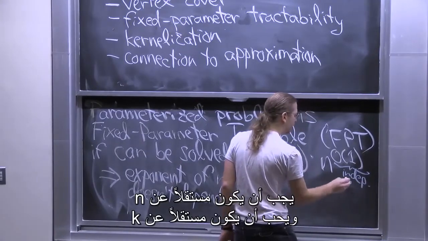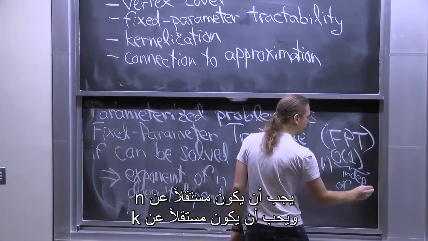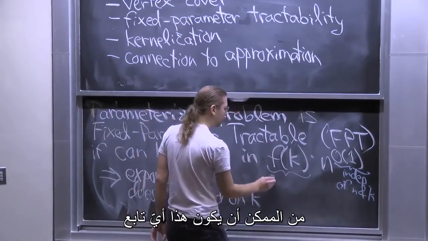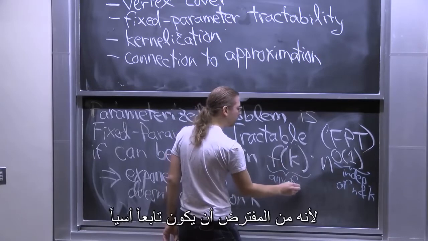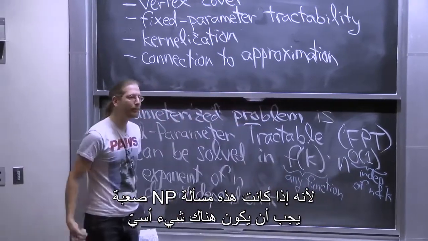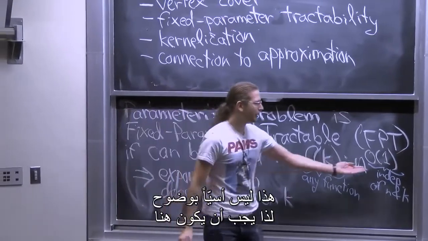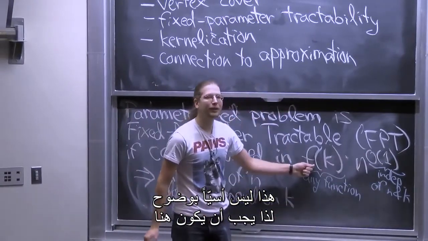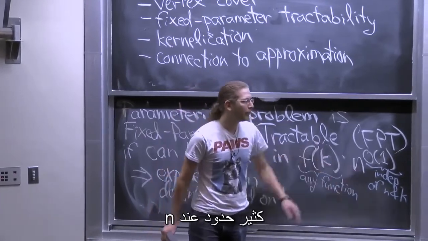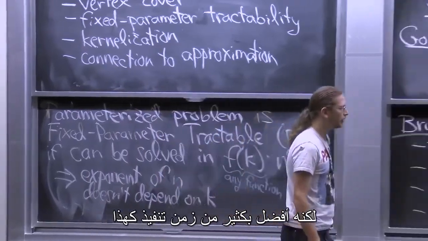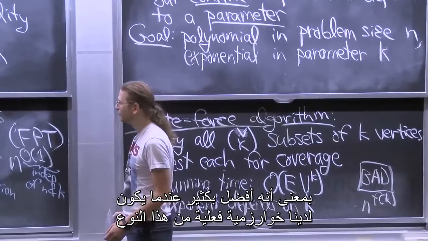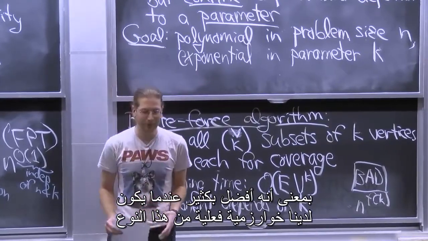Of course, it should be independent of n, and it should be independent of k. This can be any function. It's presumably an exponential function, because if this is an NP-hard problem, something's got to be exponential. This clearly is not exponential, so it's got to be here. So this is the sense in which we're exponential in k, polynomial in n, but it's much better than this kind of running time. Okay, well, we can think about the sense in which it's much better once we have an actual algorithm of this type.